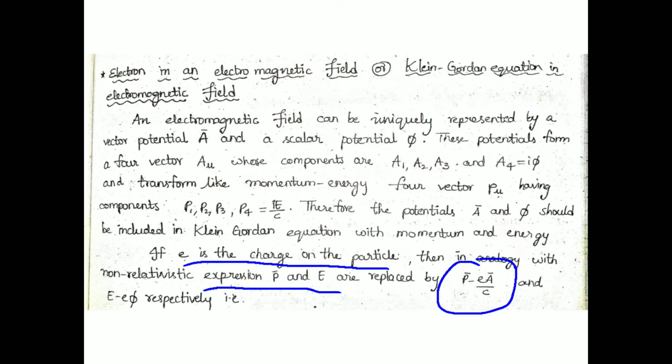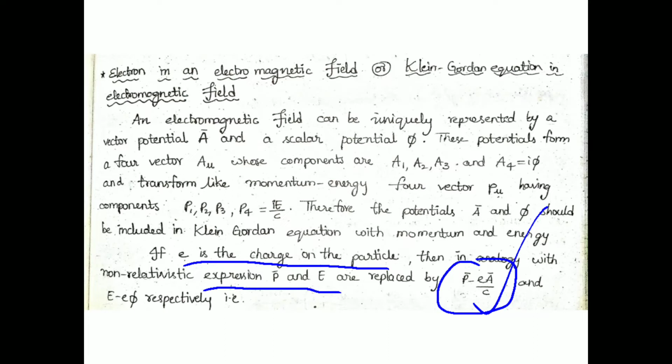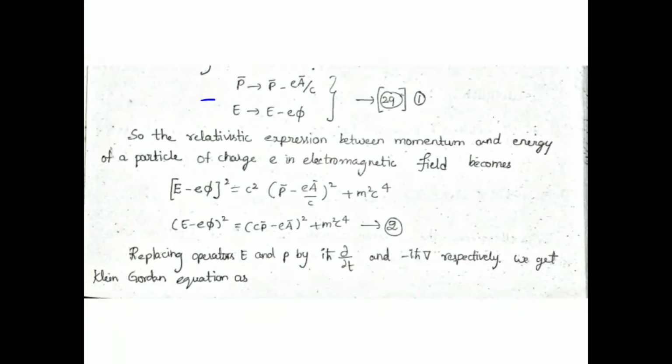If we consider the effect of the electromagnetic field, then we need to take this, where e is the charge on the electron. So P has been changed to P minus eA by c, and E has been changed to E minus e phi.